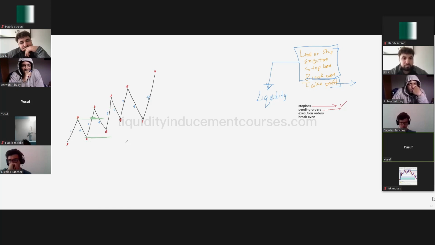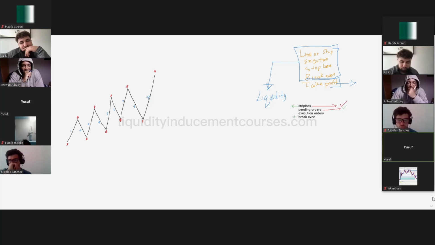Because out of these 4 items on my screen, okay, 2 are most important. And the 2 of them are what? The stop loss and the break even.